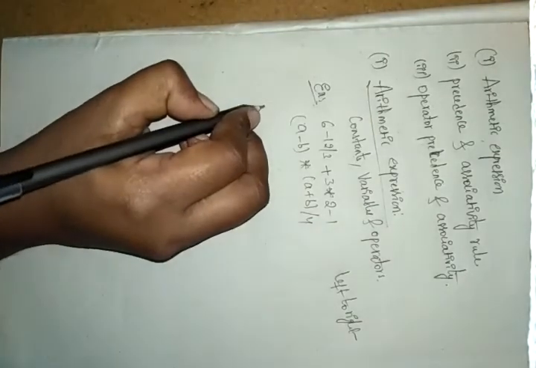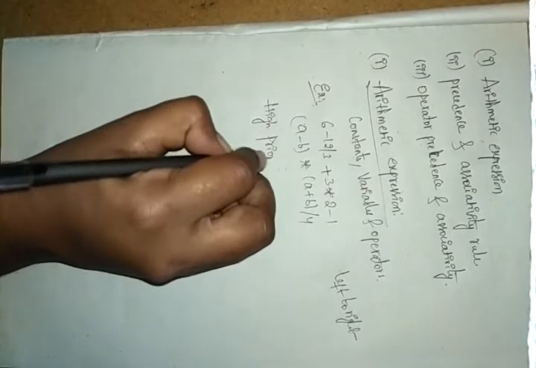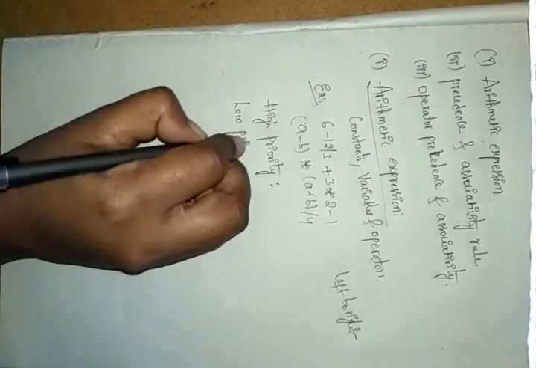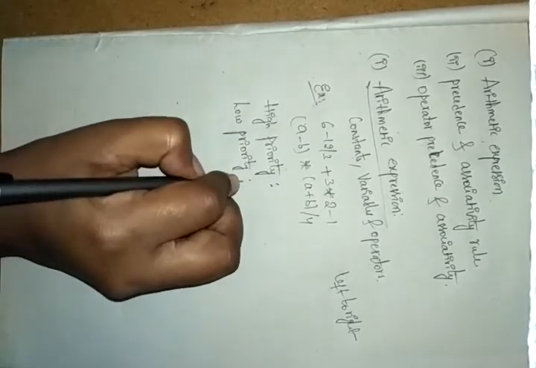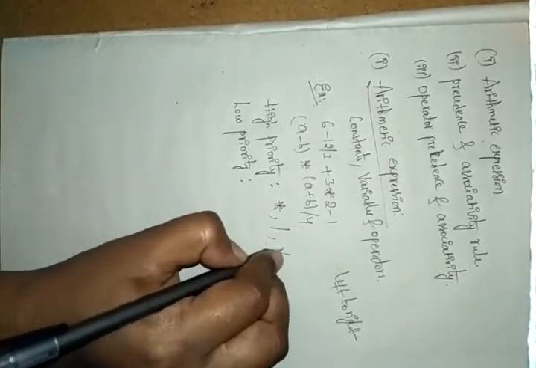Done. And here, we divided the priority levels of the operators into two types: high priority and low priority. In the high priority we have multiplication, division, and modulus division.